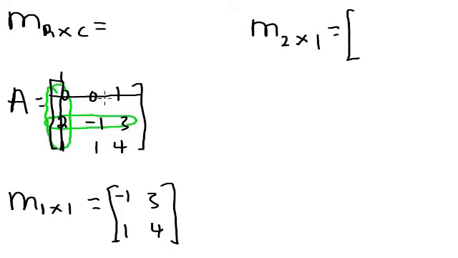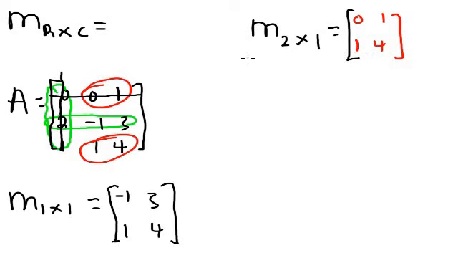Whatever elements we are left over with will be our final answer, which will be 0, 1, 1, 4. And that is how to easily and mentally solve for the minor matrix of a particular element with a given dimension.